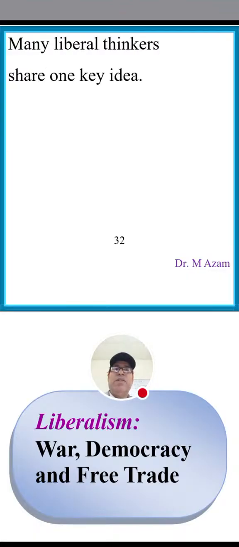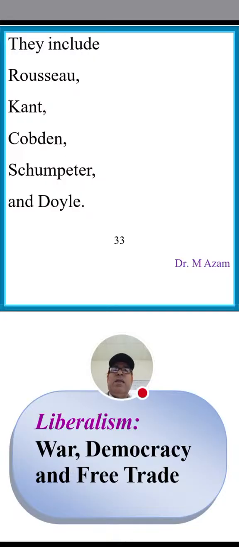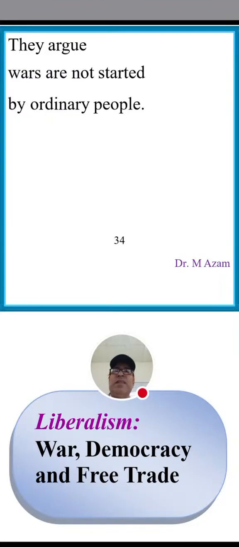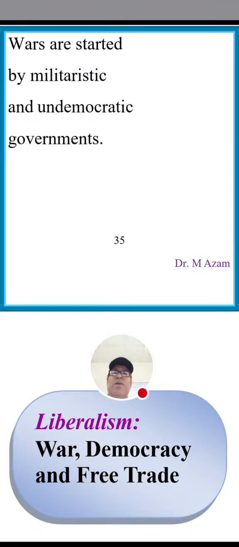Many liberal thinkers share one key idea, one basic idea. They include Rousseau, Kant, Cobden, Schumpeter, and Doyle. They are liberal thinkers. They share one common idea. What is that idea? They argue wars are not started by ordinary people. Common citizens do not start wars. Who starts wars?